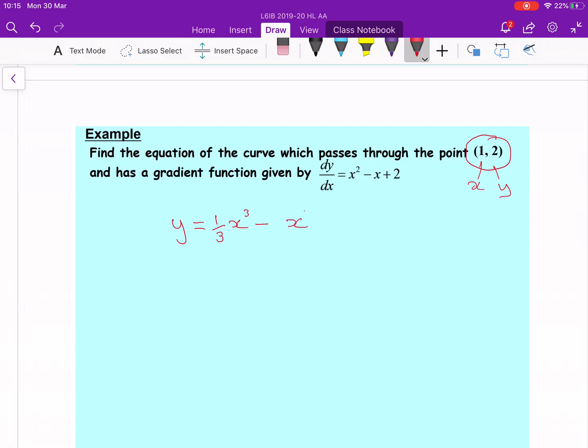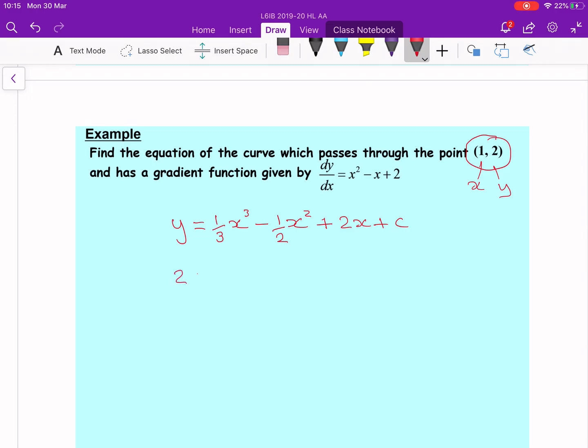Increase the power by 1, divide by the new power, so we get a half at the front. 2 must have come from 2x, and there's a possible plus c on the end. Now when they give you some more information, when they give you a point that the graph goes through, then we can work out what c is.